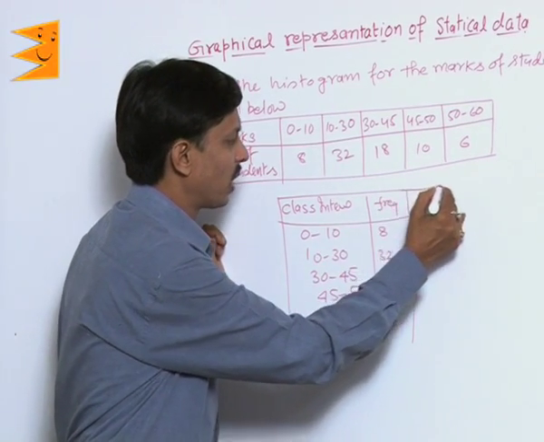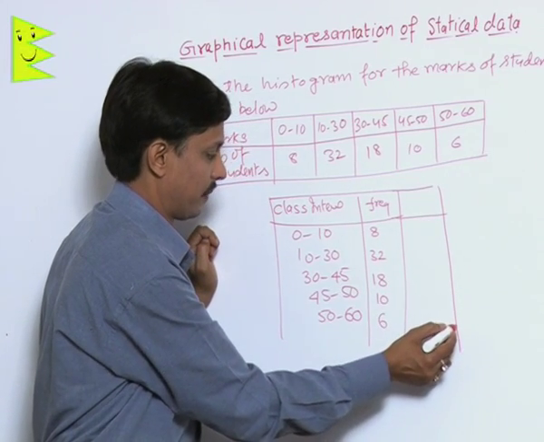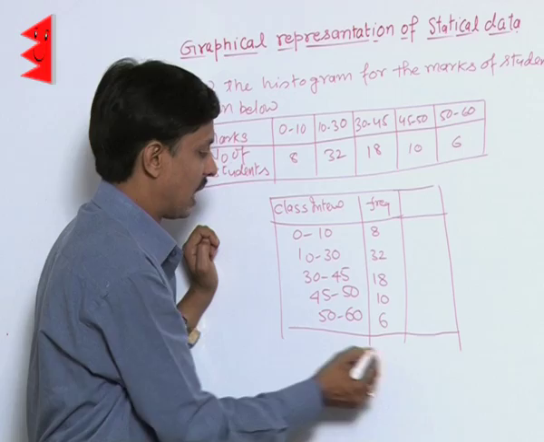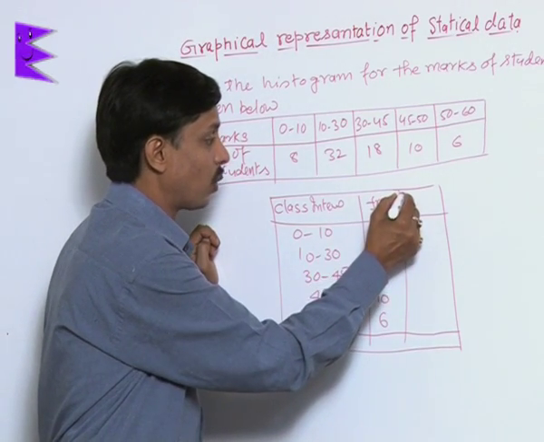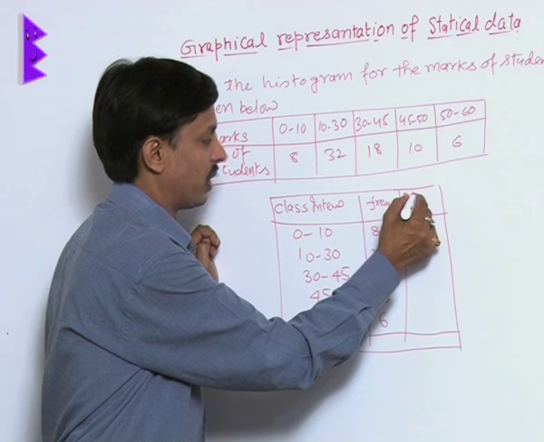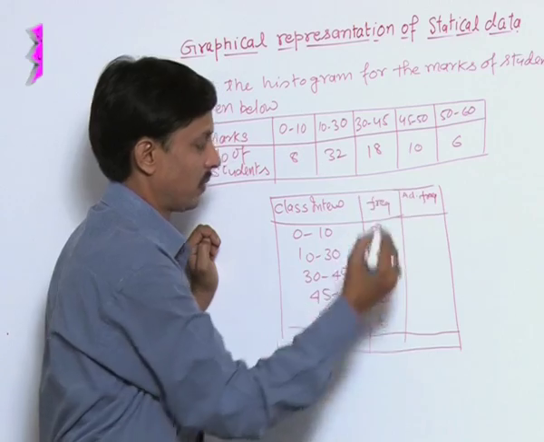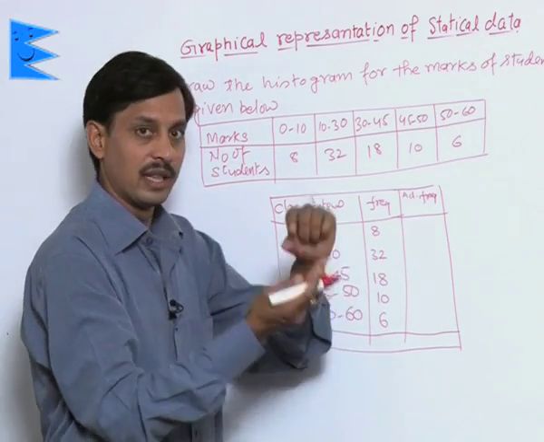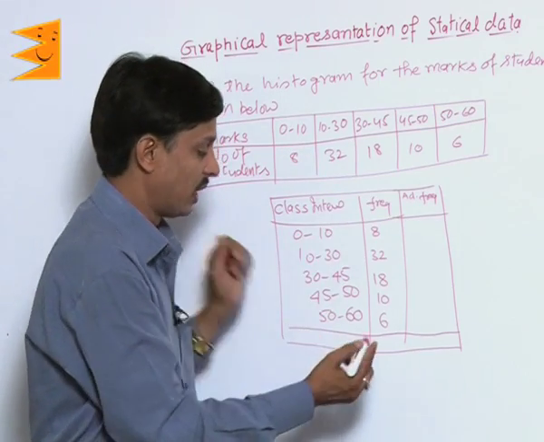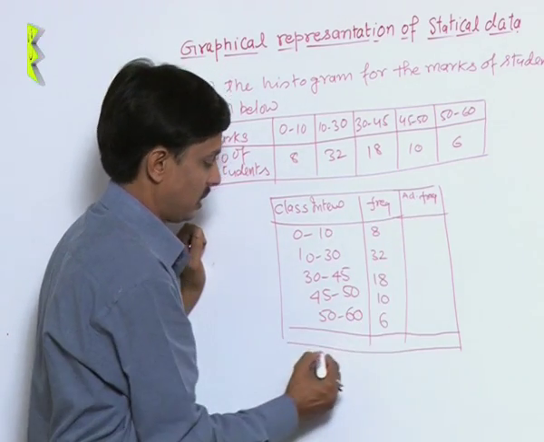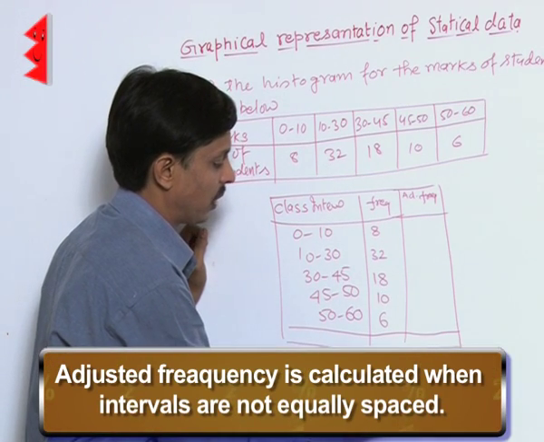Now, in order to calculate the adjusted frequency, there is a formula which I will tell you. I am writing it here. Formula for calculating the height of the bar, or you call it the adjusted frequency.